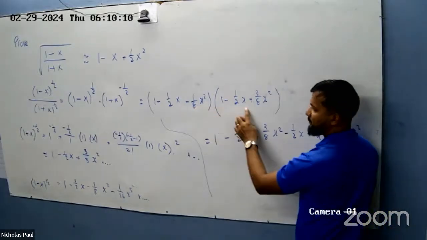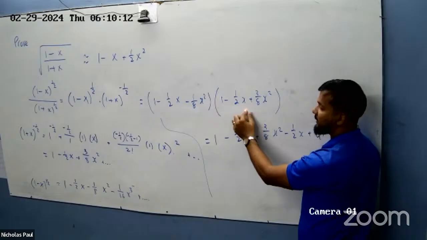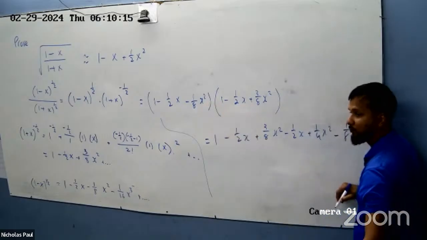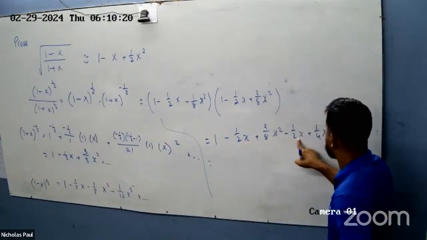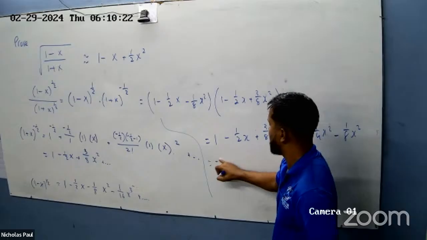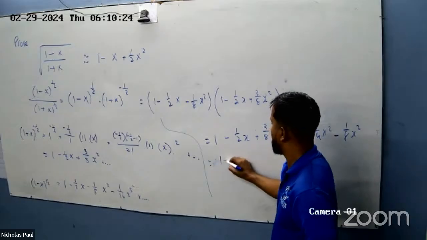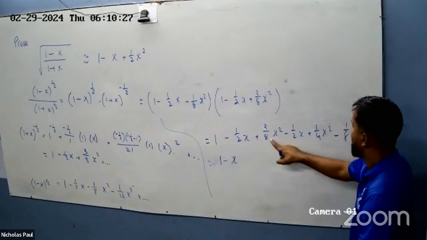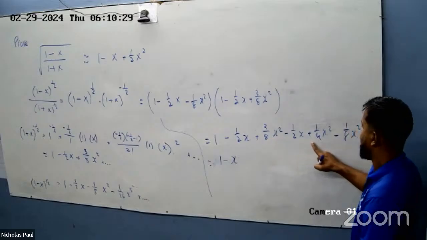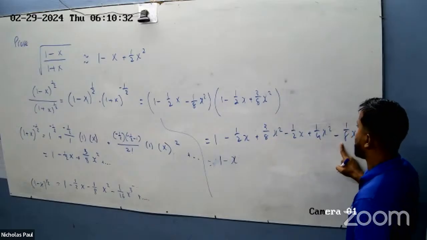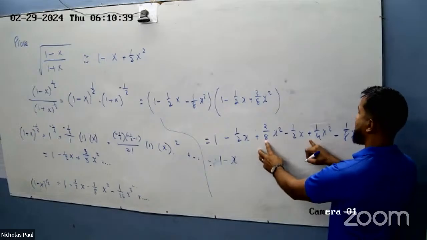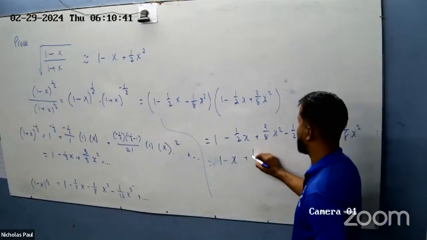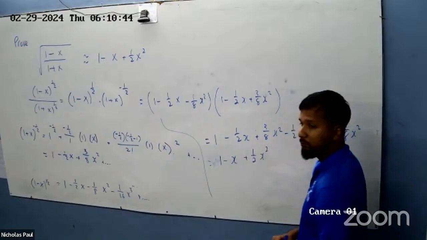Do I multiply this by this? No, because that will give me a cube term. I just simplify this out. A half minus a half is a whole. 3/8 minus 1/8 is 2/8, plus a quarter is a half. That's it.